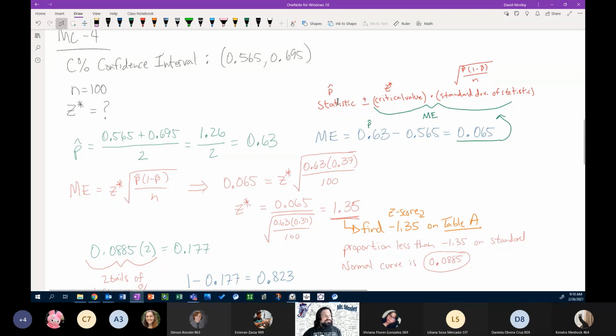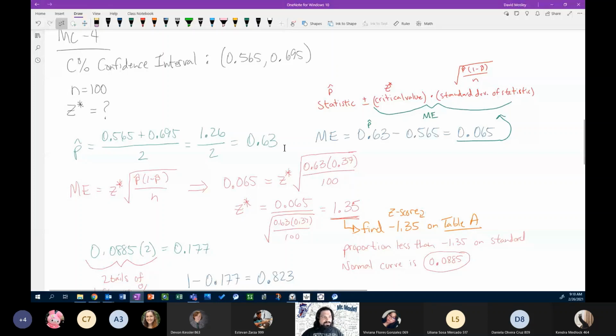We know that we get a confidence interval by taking our statistic, p hat, and adding and subtracting the critical value times the standard deviation of the statistic, otherwise known as the standard error. I know what the margin of error is because I know what p hat is and I know what the endpoints are.